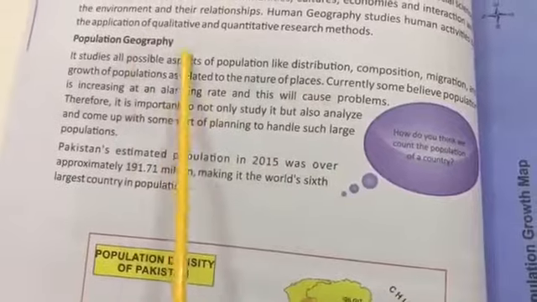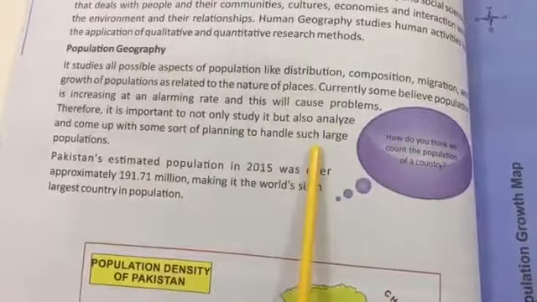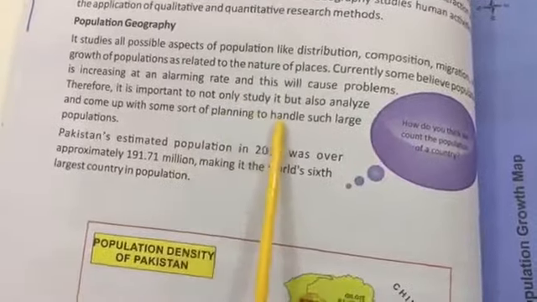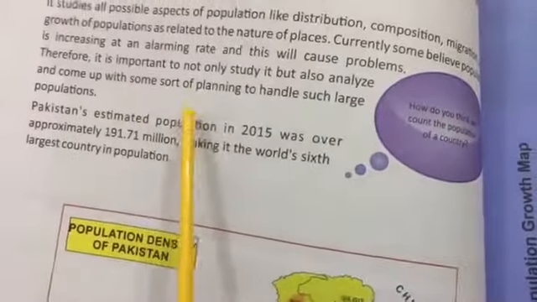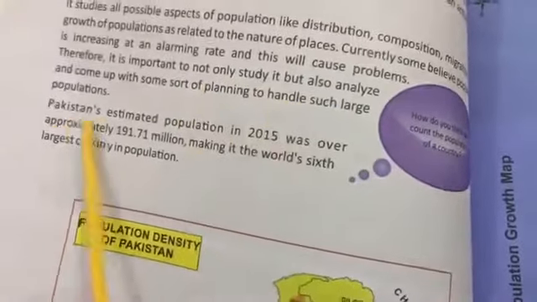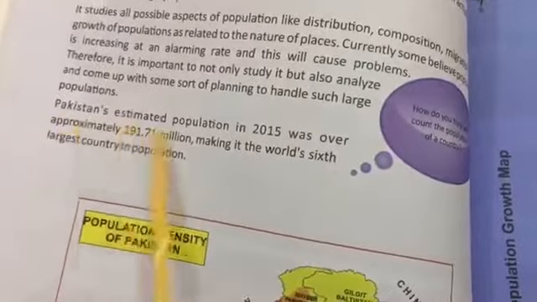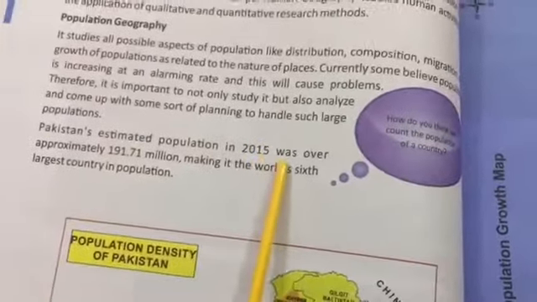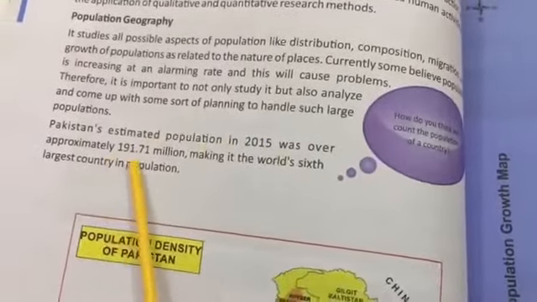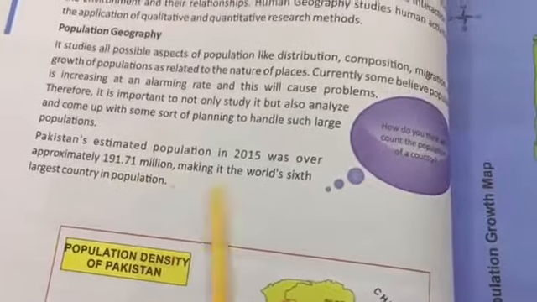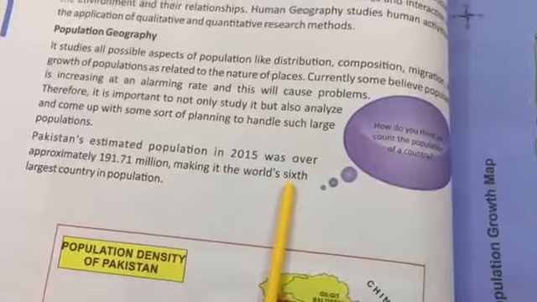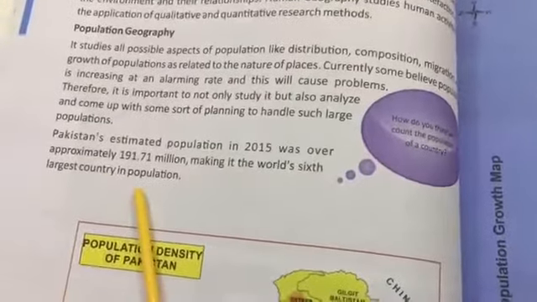So population geography also helps in analyzing how this population can be controlled, how to handle such a large population, and how plans are being made to handle it. Now in 2015, the population of Pakistan was about 191.71 million, and it made Pakistan the world's 6th largest country in population.